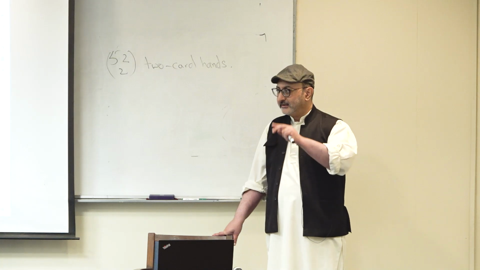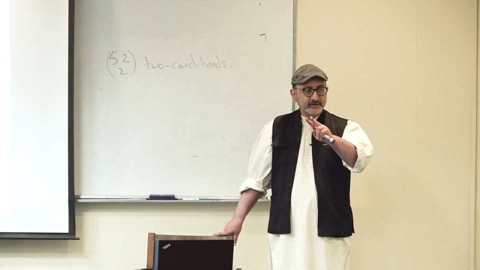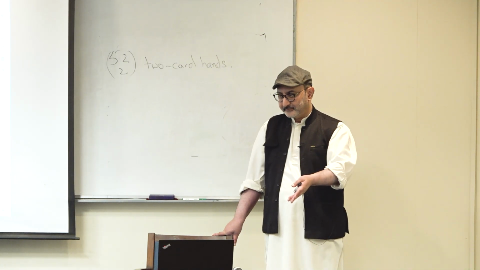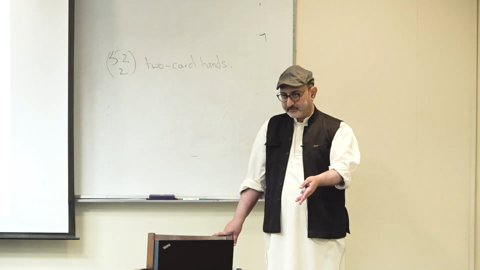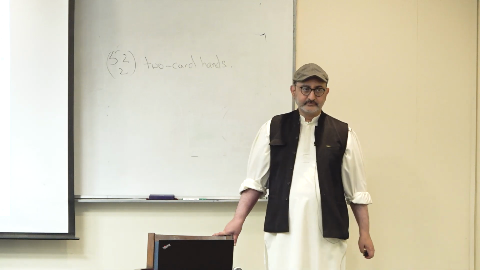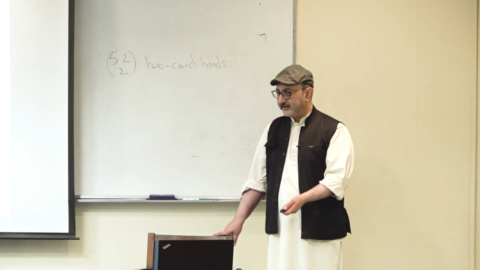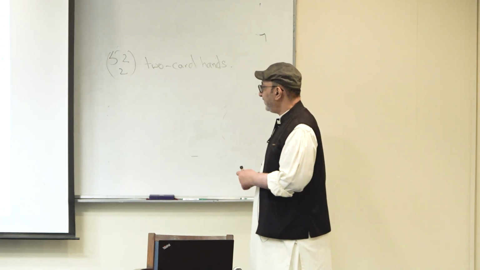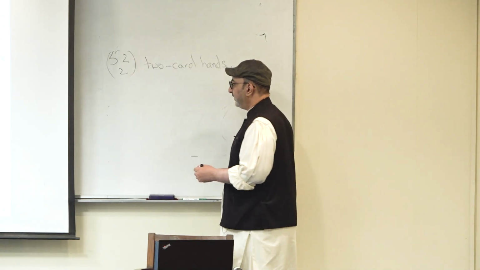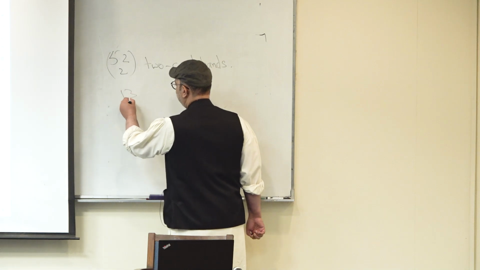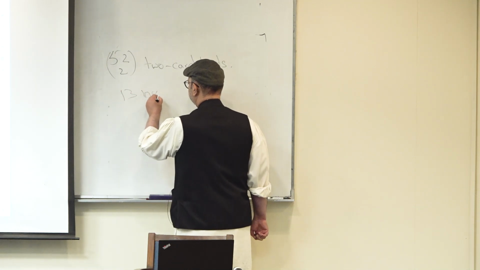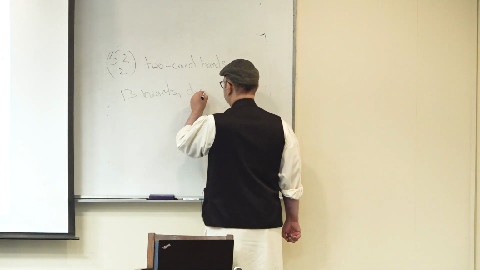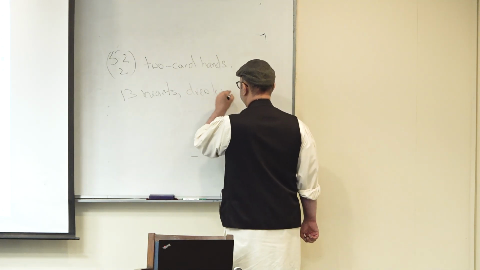In order to get a two-card hand where both cards are from the same suit, what has to happen? I have to draw a heart card. How many hearts? In a standard deck, there are 13 hearts. And we drew the king of hearts.